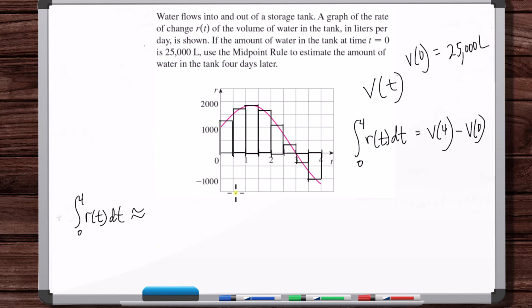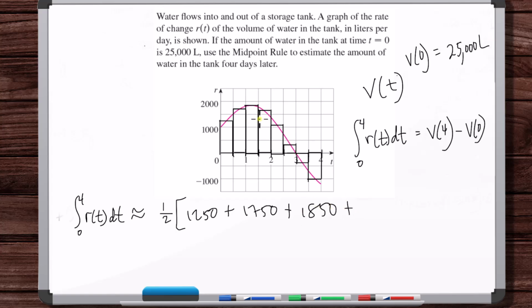so the delta x is going to be 1/2. We can just factor out the delta x and then just add up the heights. So, okay, each is 500. So 500, 1,000, 1,500. This is 1,250. This is about 1,750. This is about 1,850.